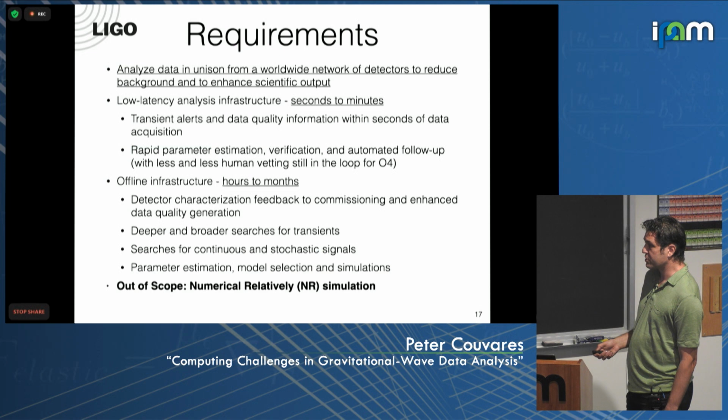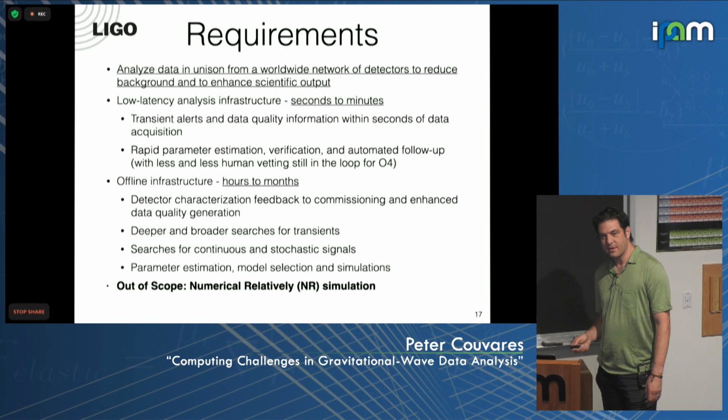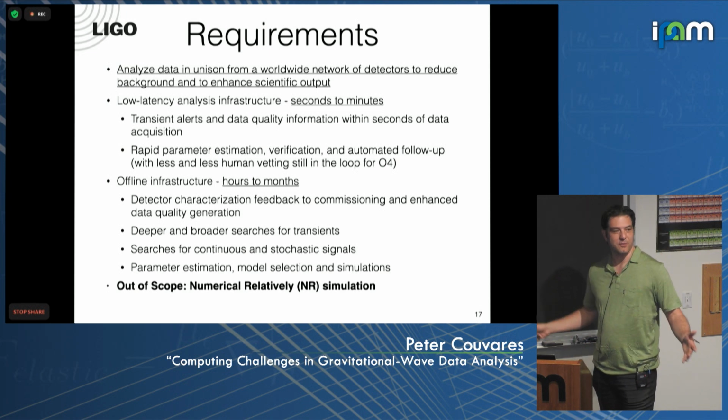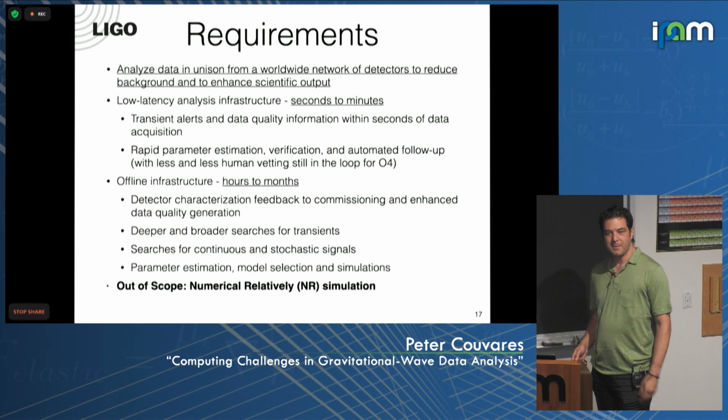The offline infrastructure. One other thing I'll say is in O1, this low latency analysis infrastructure was much less important than the offline analysis, because we hadn't detected gravitational waves before, and coming up with the 5 sigma conclusive detection of the first gravitational wave was the prime directive of the collaboration.